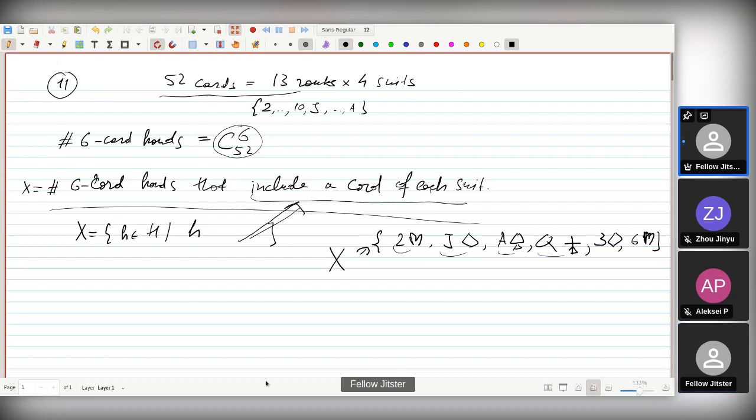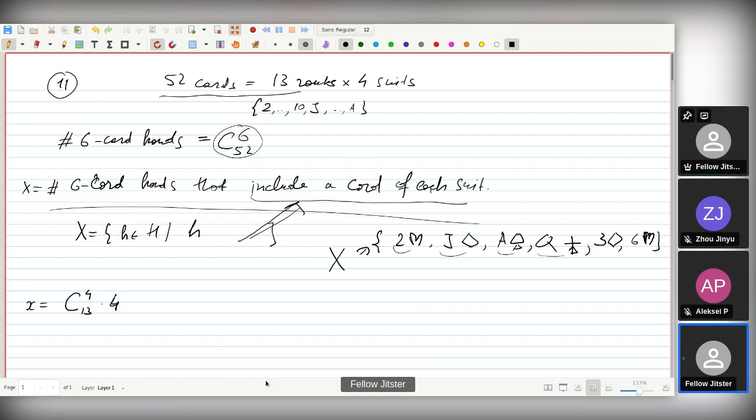Are you sure you should add them together? It is something strange. According to you, you want something like 13 choose 4 multiplied by 4. Every choice will correspond to each suit.